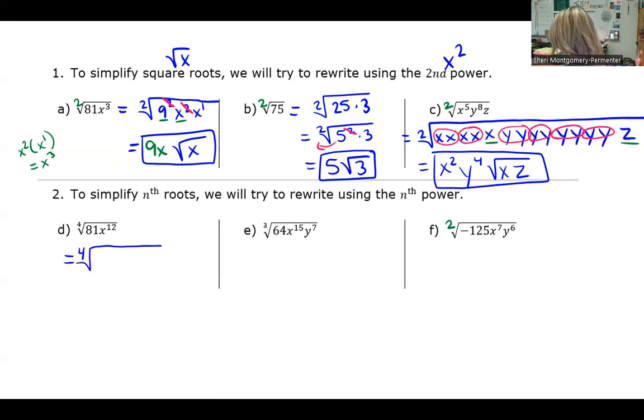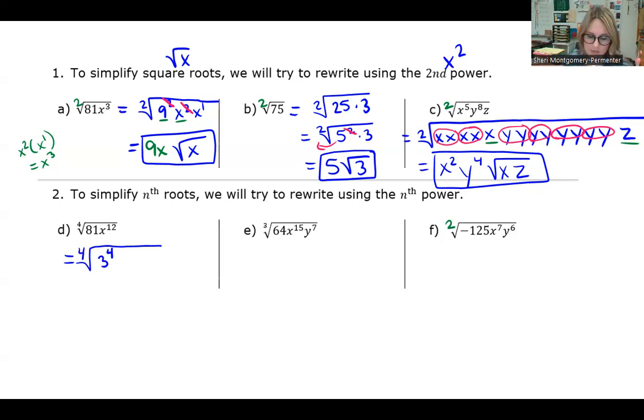All right, for 81, is that in the x to the 4th column? Okay, so 81 is what to the 4th power? 3 to the 4th power. And then x to the 12th power. How many groups of 3 can go into 12? 4.